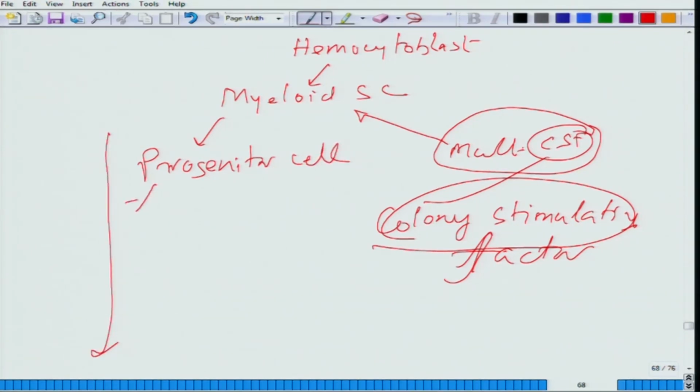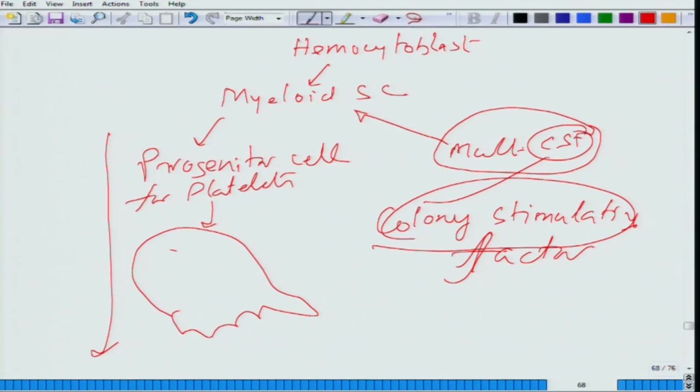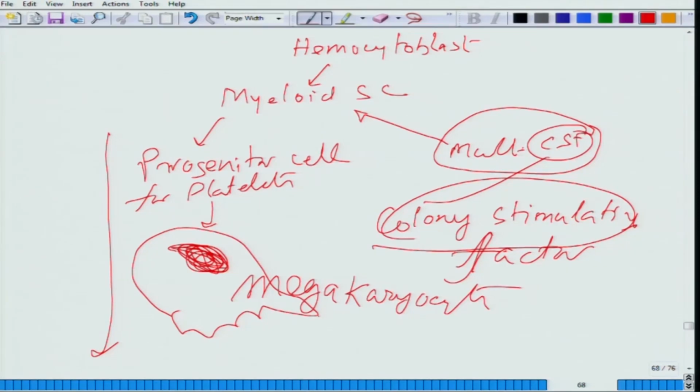Progenitor cells for platelets, and then they form a huge structure called megakaryocytes. Of course, the megakaryocyte has a nucleus, mind it. This megakaryocyte then divides into small cells, the platelets.